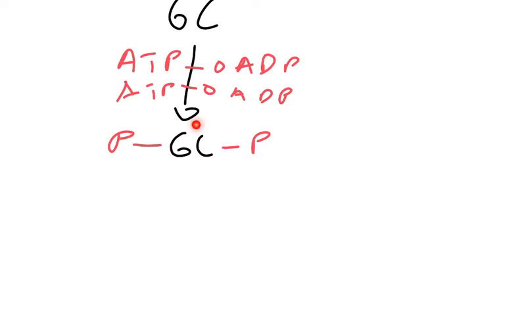So this molecule here is known as hexose. Hex is 6, ose is sugar, bi, as in 2, phosphate. So hexose biphosphate. This then splits to give you 2 molecules of triose, that means it's a 3-carbon sugar, phosphate.